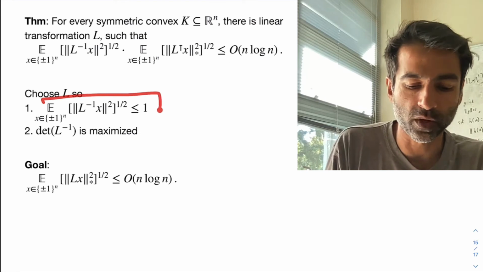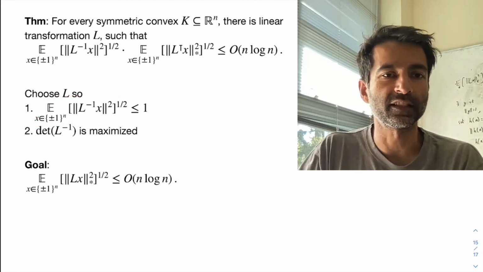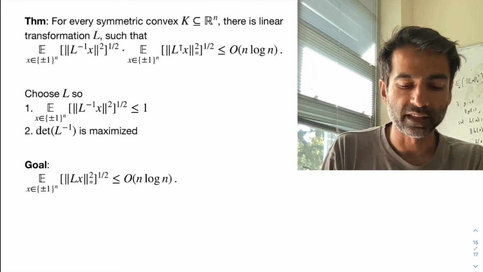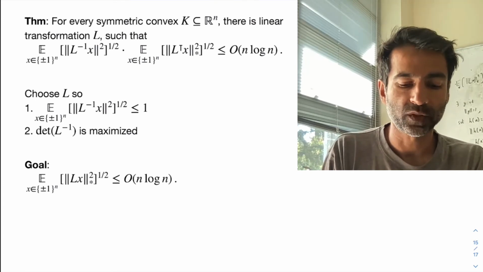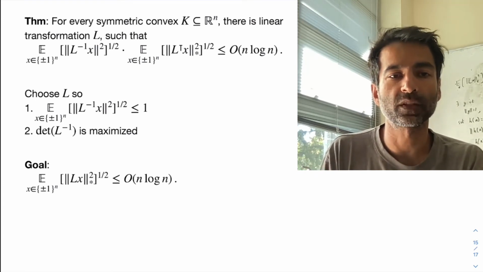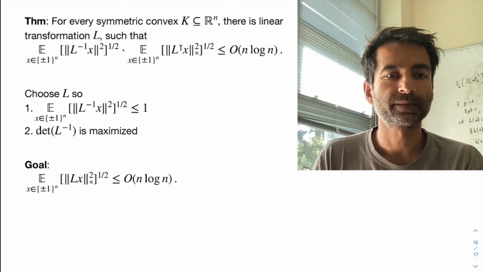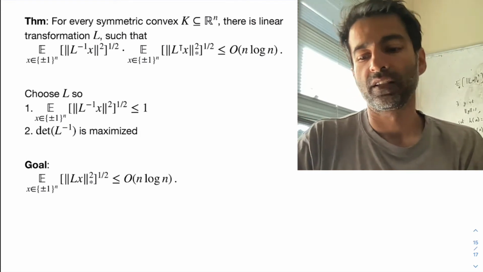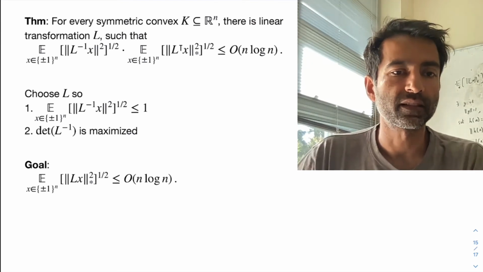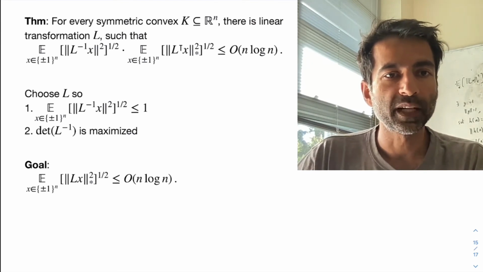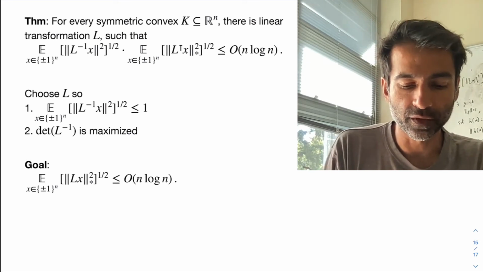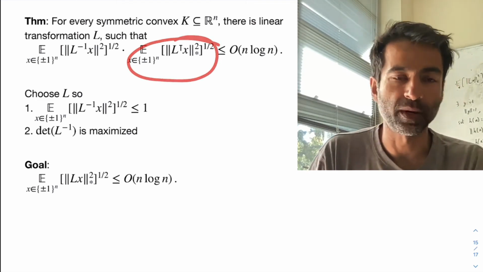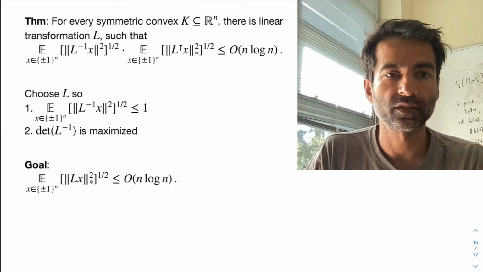This is a quantitative sense in which the ellipsoid is approximately contained inside the convex body. And among all such ellipsoids, we're going to find the ellipsoid with the largest volume. Okay, so for every choice of L inverse, we obtain an ellipsoid. We'll take the one with the largest volume. Okay, so this is exactly the outline of how we'd find the linear transformation that I promised a few minutes ago. And now by the choice of L inverse here, the first quantity has already been set to be at most 1. So my goal is to show that the second quantity here is bounded by n log n. So that's what we'll do.